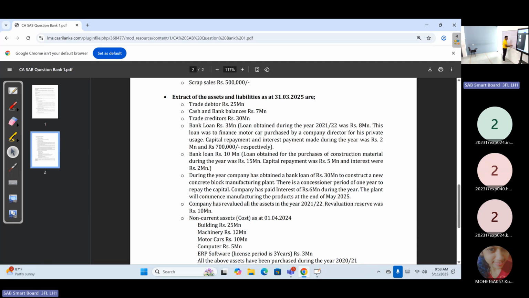This is fixed. It is 4 times. Right. Amount figure: allowable interest cost is now 2 million.